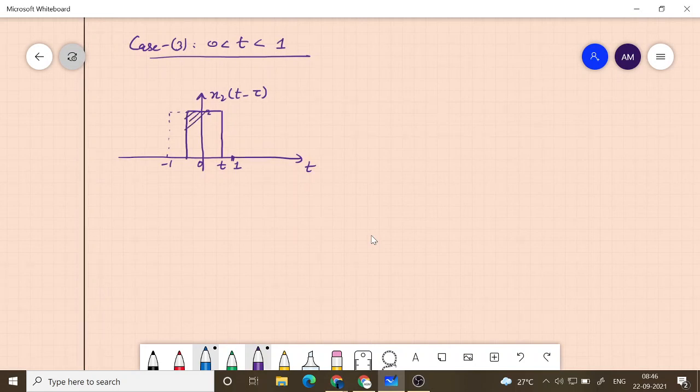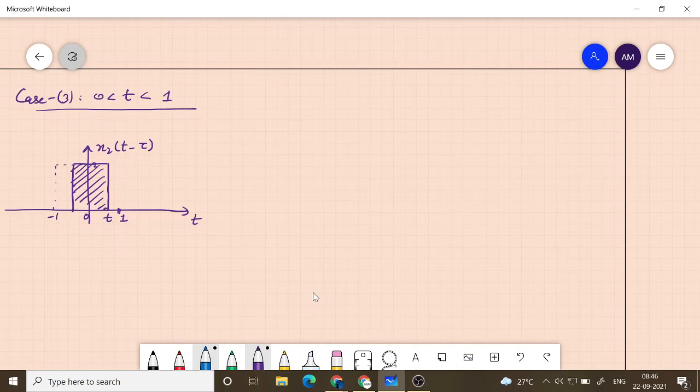Therefore, when you evaluate the integral, you integrate from t minus 1 to t.